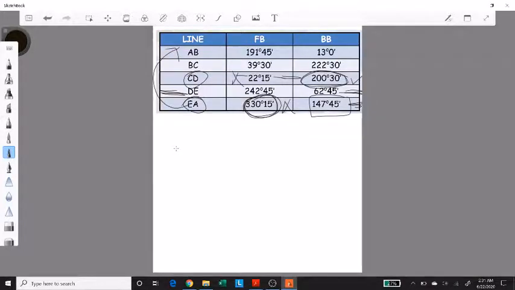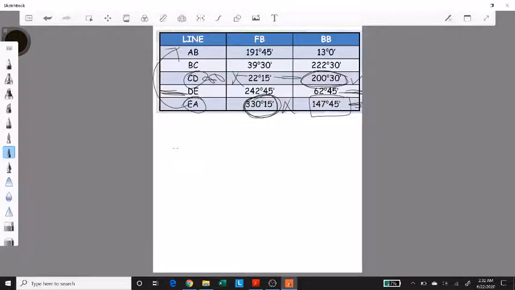The other way to do it is by using the point D. So we talked about this CD, that the back bearing is correct for this line and all the error is in the forebearing. And by finding out that error in the forebearing, we are finding out the error at the point C. And once we have the error at the point C, we can go to other lines which have point C as one point, and then we can keep going on with the corrections.